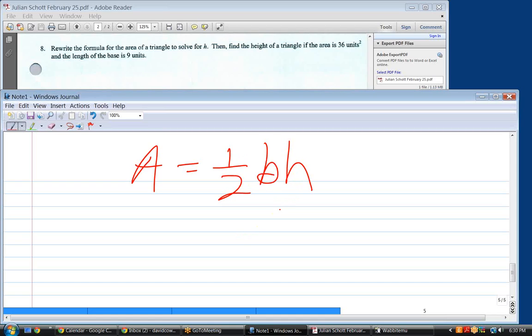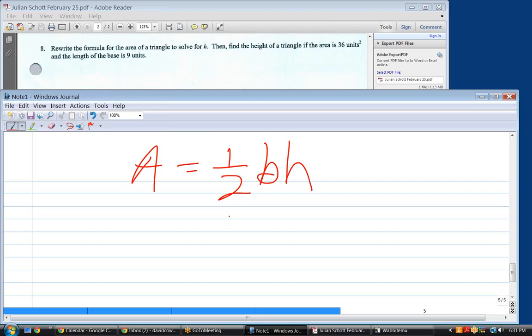So solve this for H. First step. You have to find the base and height. No, first step for solving for H. I've got to try to get H isolated. So just algebra.